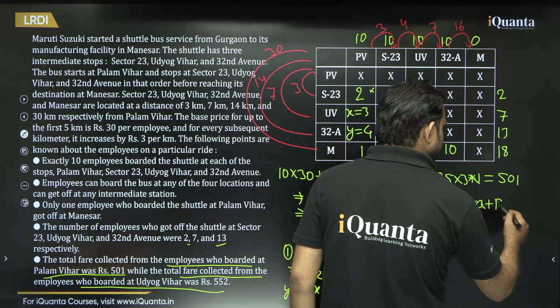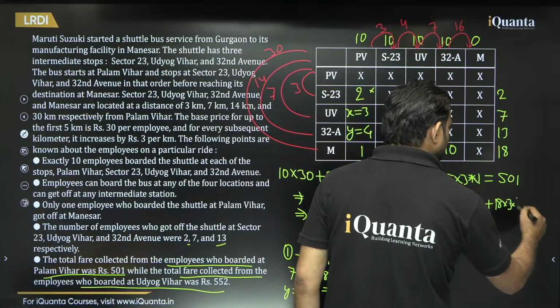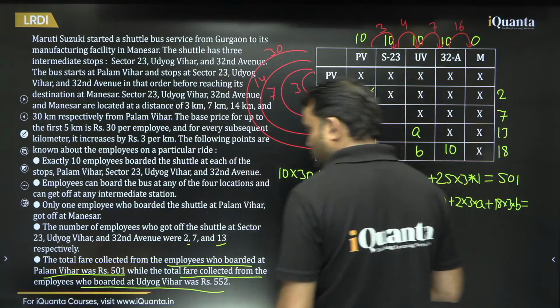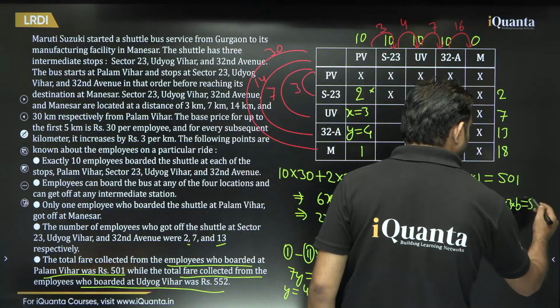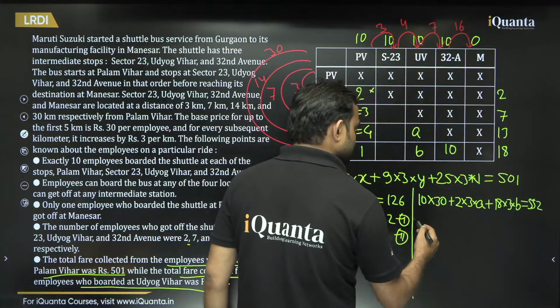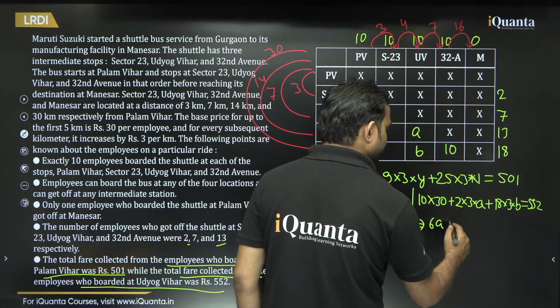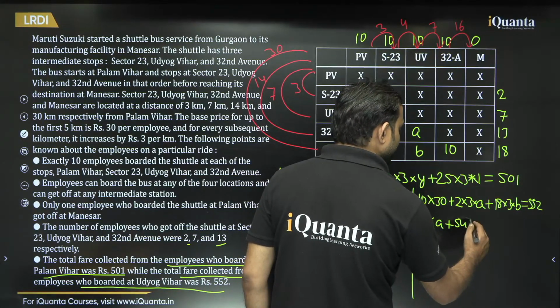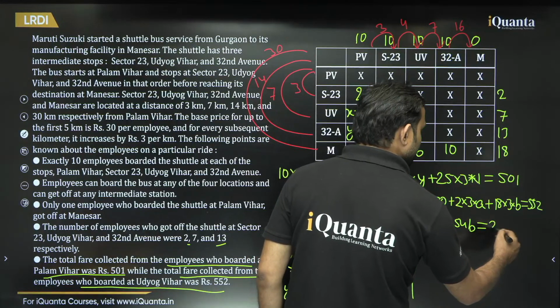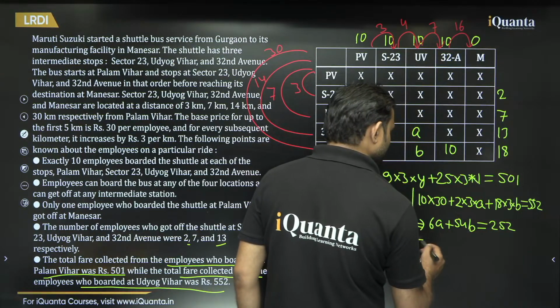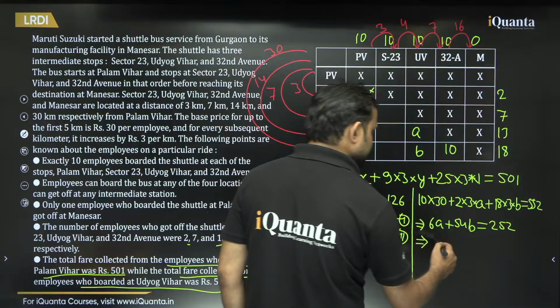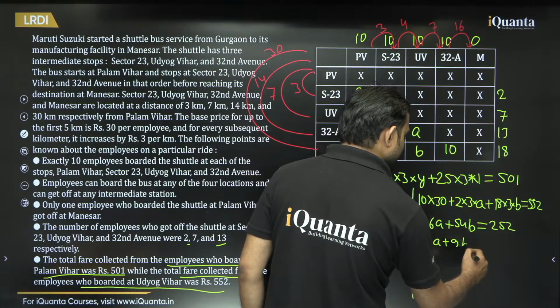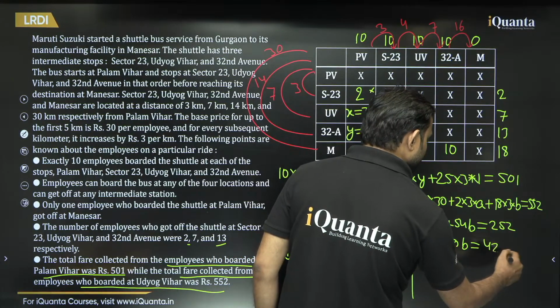So it will be 18 into 3 into B. This should be equal to 552. So from there we can say 6A plus 54B will be equal to 252, or can we divide this by 6? Yes. A plus 9B will be equal to 42.